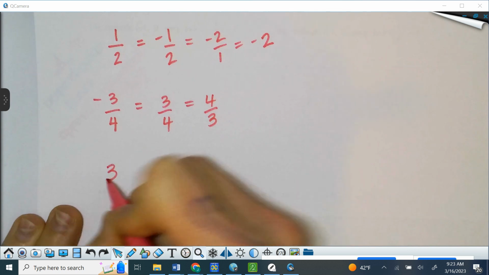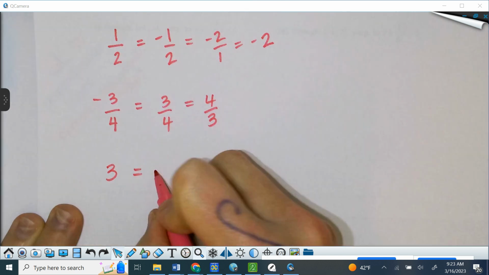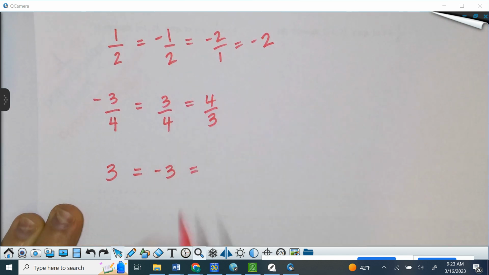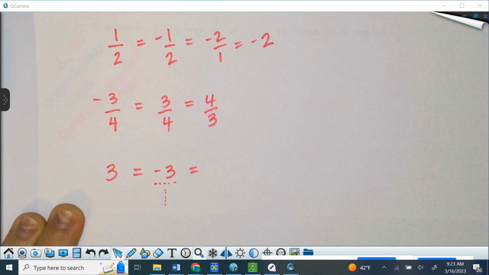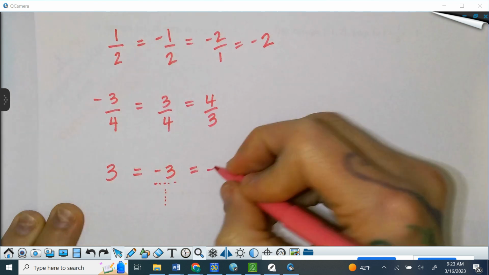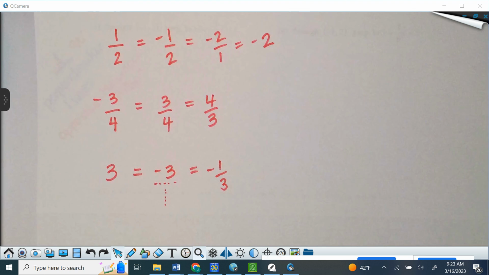What's the opposite of positive 3? Negative 3. Good. And then we want to take its reciprocal, so we want to flip it. Remember, this is sitting over that imaginary 1. So it's going to become a negative 1/3. So we have 2 steps always. Not just opposite, not just reciprocal. It has to be opposite and reciprocal.